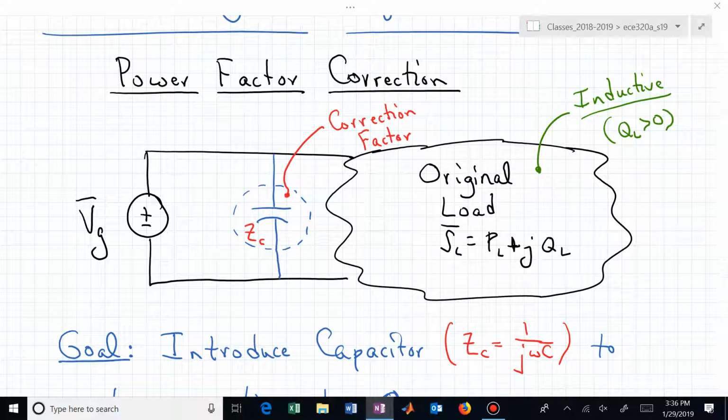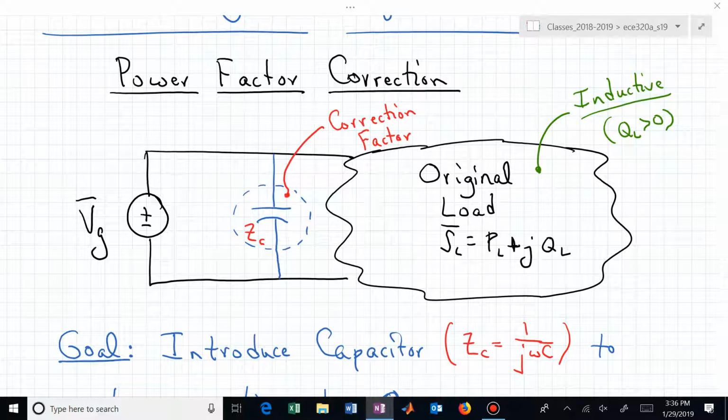Here I've actually diagrammed this where Q sub L, the reactive part of the complex power, I'm assuming is positive. And most industrial loads are more inductive than they are capacitive, just because we have a lot of coiled windings in these plants that we may be driving or using.